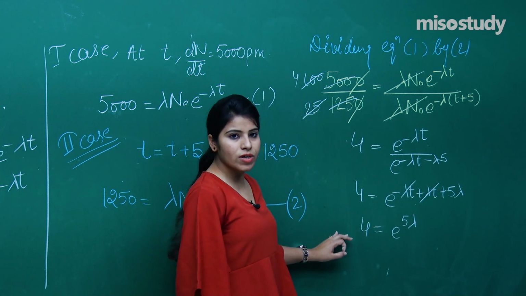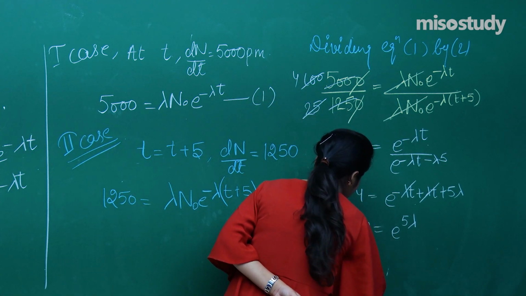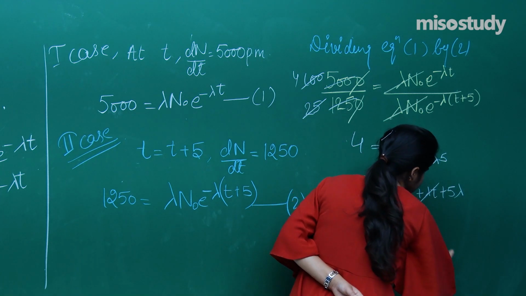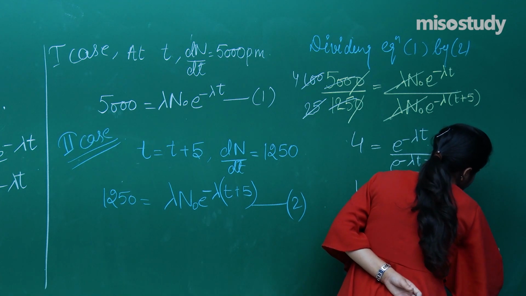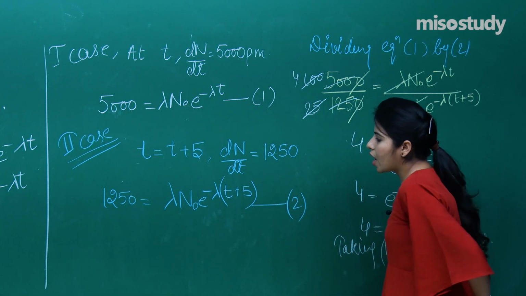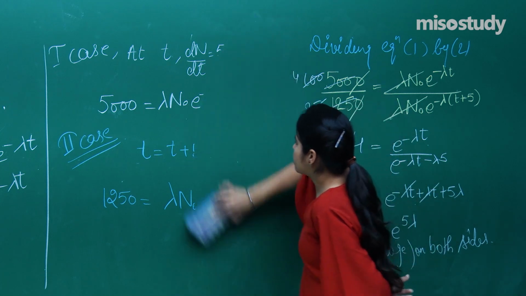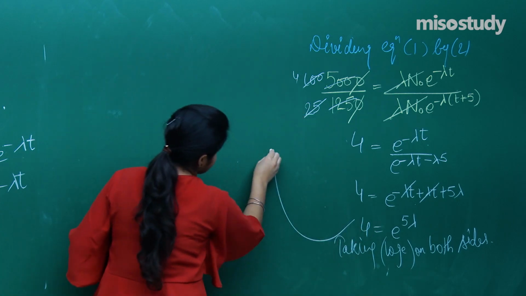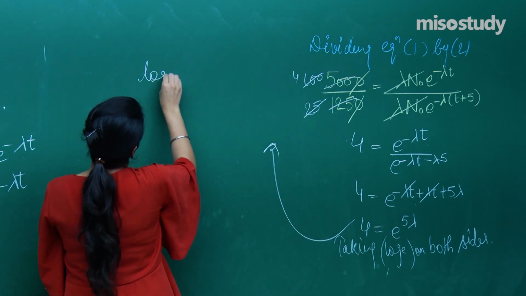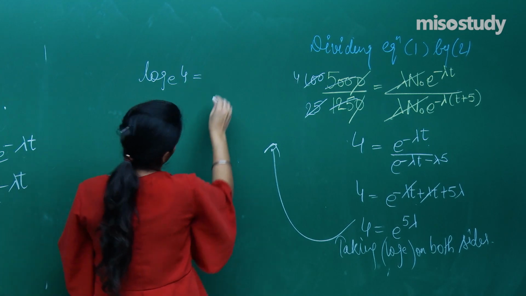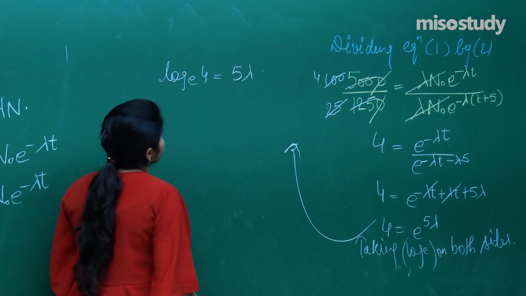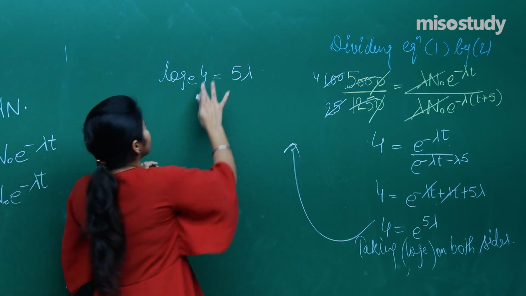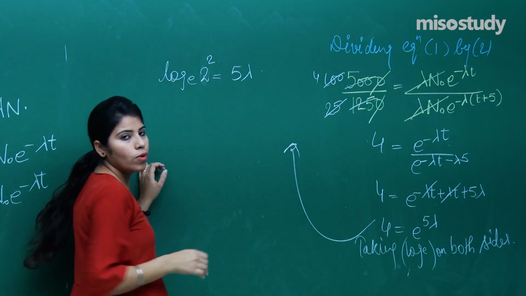Now to solve this, we will be taking log on both sides. So you will have log e base 4 equals 5 lambda. You can write this 4 as 2 raised to the power 2, will it be okay?